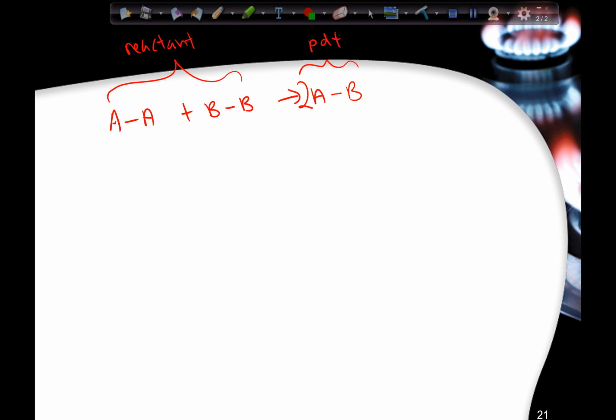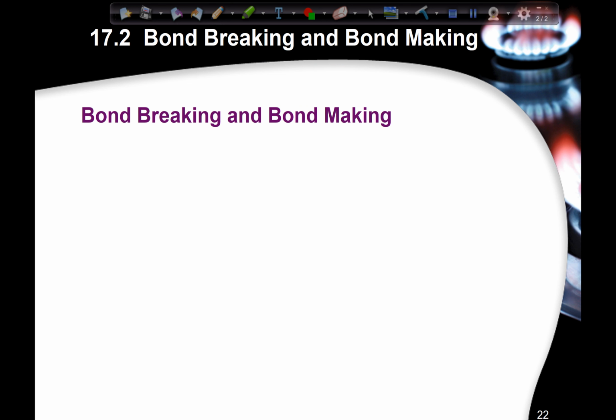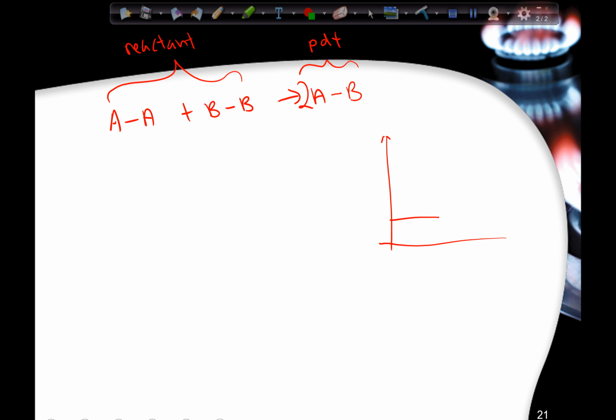For every reaction to occur, all the reactants will have to gain energy to first break the bonds to become individual atoms. So for example, if I've got an energy level diagram, or energy profile diagram, my reactants are here, A2 and B2.